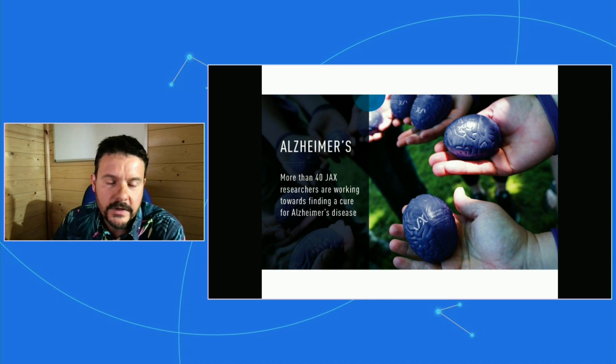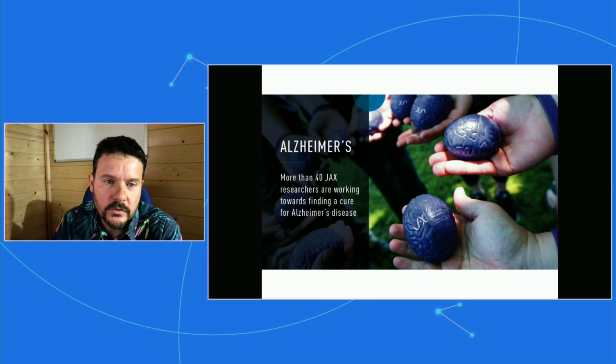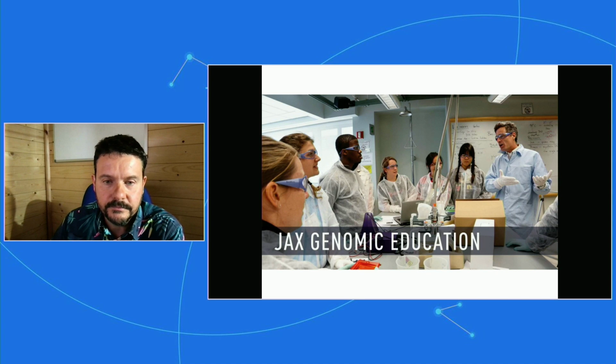Another example would be looking at Alzheimer's. Around 40 researchers are working in wet labs looking at the causes and possible resolutions of Alzheimer's disease. Another example would be the roots of addiction. Scientists at JAX are looking at why some people get addicted to some things, and that too has interesting genetic backgrounds.